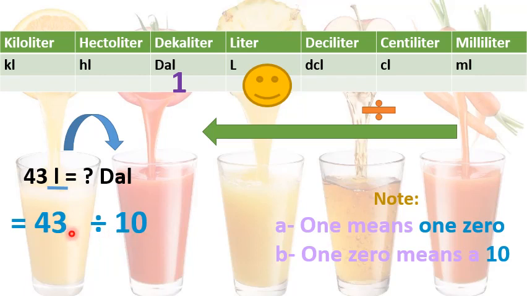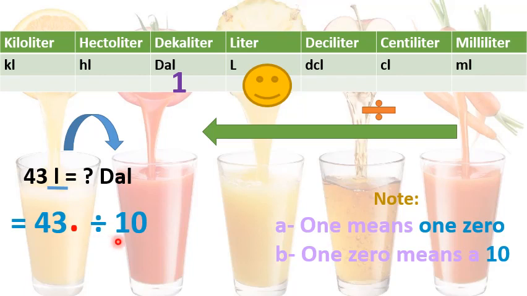What's missing over here? What's missing is the decimal point. Where is the decimal point? So the decimal point, it's over here, but I cannot see it. Now, since we have division and we have 10, we're going to move the decimal point to the left.